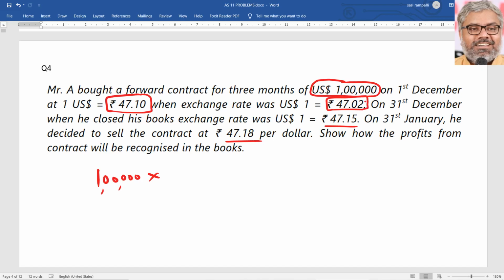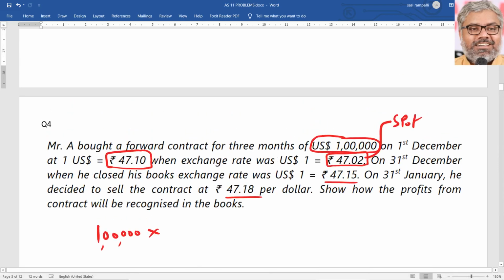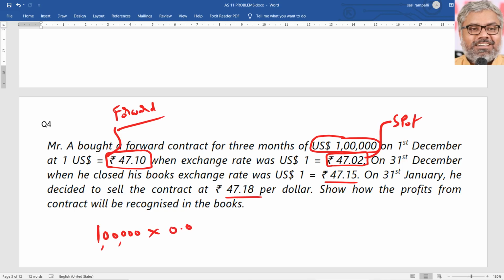47.02 is a spot rate, and this 47.10 is called the forward rate. So when the spot rate was 47.02, he purchased the contract for 47.10. So that means how much is there? 0.08 difference is there.